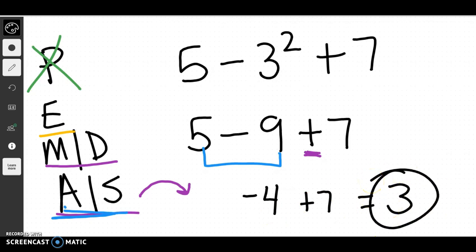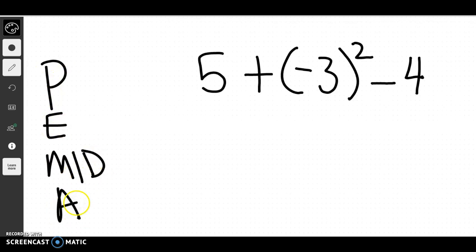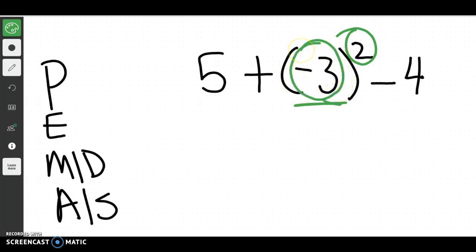Let's look at another problem. Again, for this problem, we're going to think about all the things that we have. This one looks really similar to the last one. The only difference is we have these parentheses right here. Now when you look at these parentheses, it's just trying to tell you that this negative 3 is getting squared.